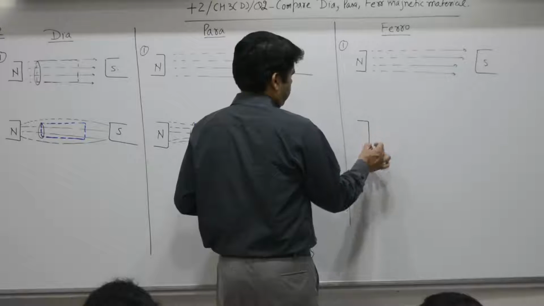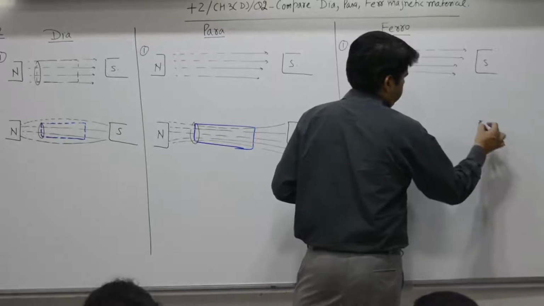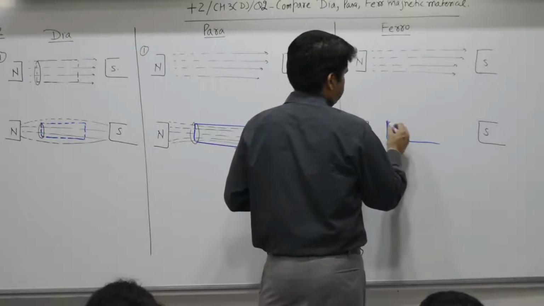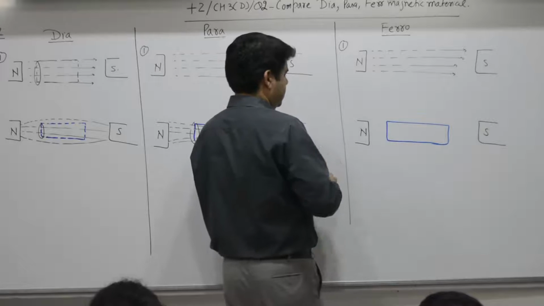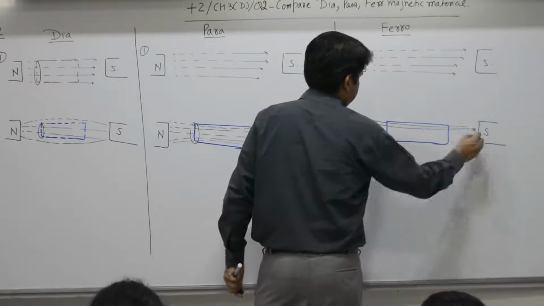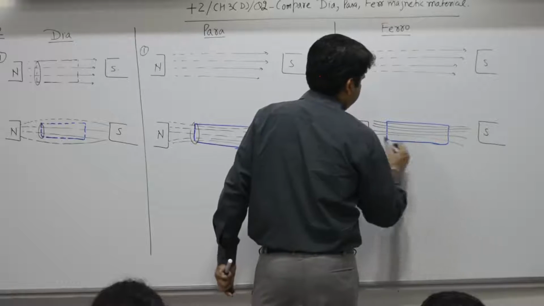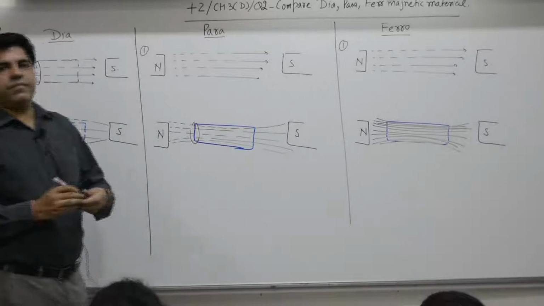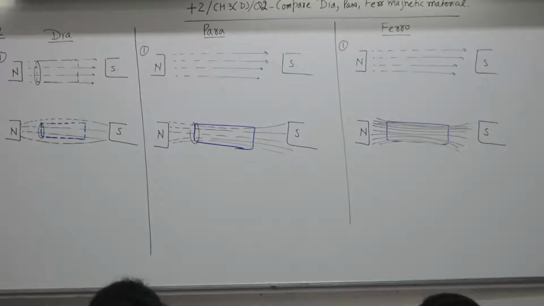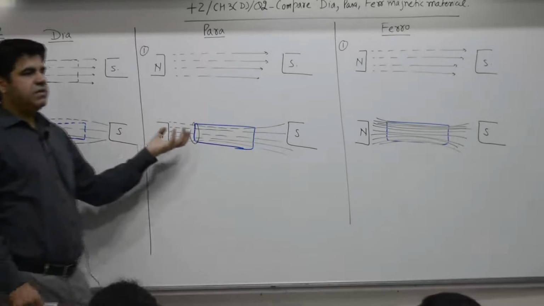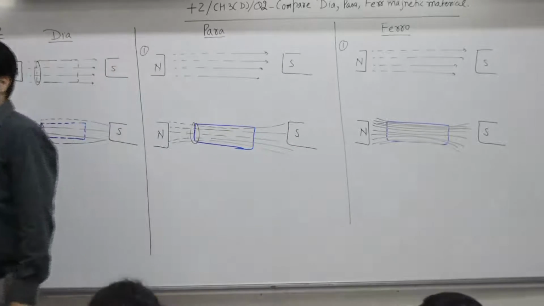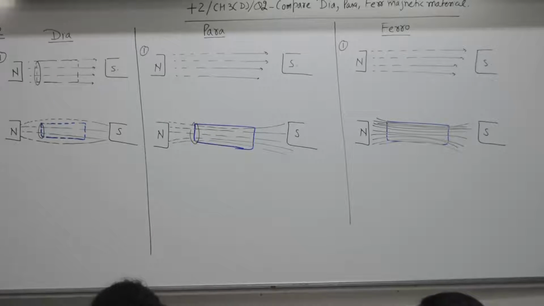Third, if you place a ferromagnetic material, strong, very strong, not 4, 5, 6, 7 but thousands of lines will pass through it. So three types of materials: dia, which will oppose slightly, para, which will support slightly, and the third one, ferro, will support strongly.